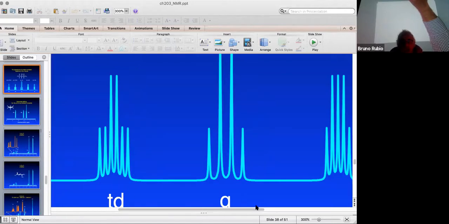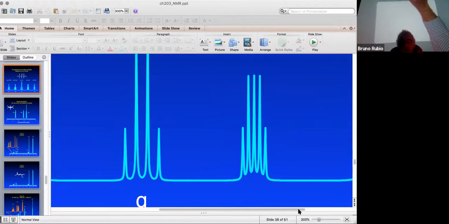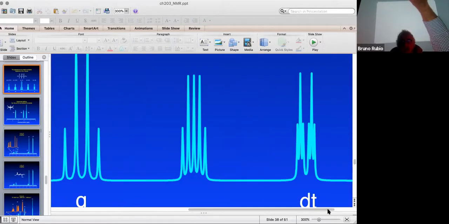On the other side of this slide, you have the doublet of triplets, right? So this pattern, if you squint, it kind of looks like a doublet. But when you zoom in, you see that each peak in that doublet is actually split into a tiny little triplet of its own. So that is why this is called a doublet of triplets.